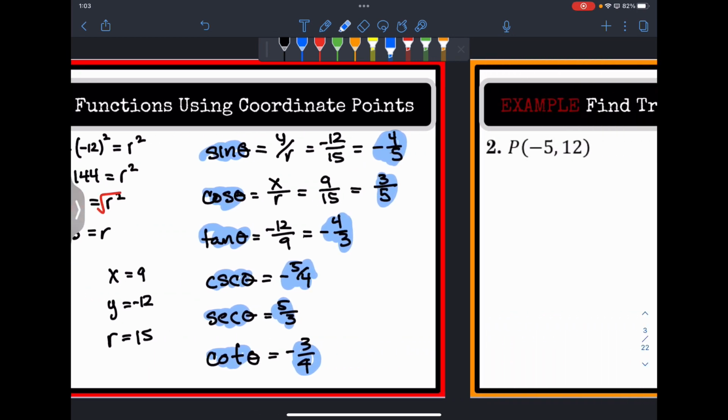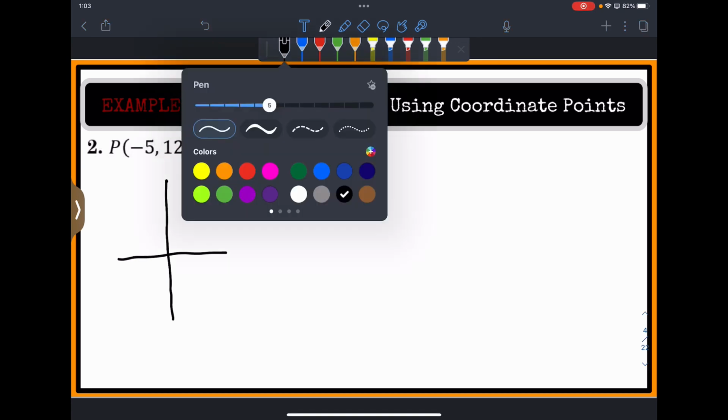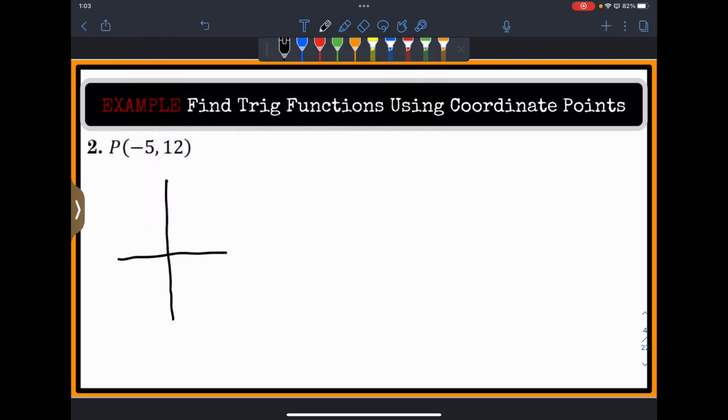Let's do another example. All right, so for this example right here, again, this point is in quadrant 2, 5 units to the left and 2 units up. That would put our point P somewhere here.